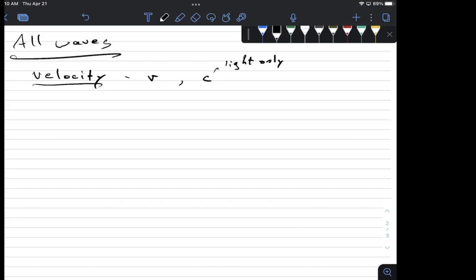And so we just call it velocity. The velocity of that wave is this, the velocity of that wave is this. It's not special. The velocity of light is special because it's the fastest speed and nothing can move faster. And in fact, nothing can even move that fast except for very rare things. And those things don't have mass. Things like gravity can also move at the speed of light.